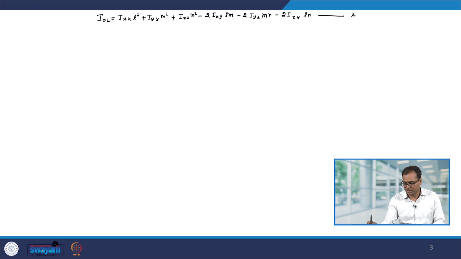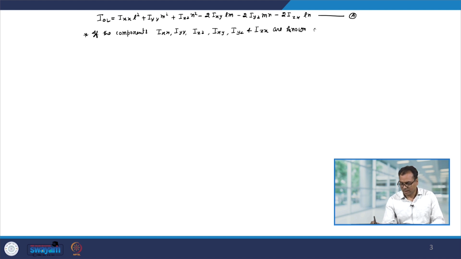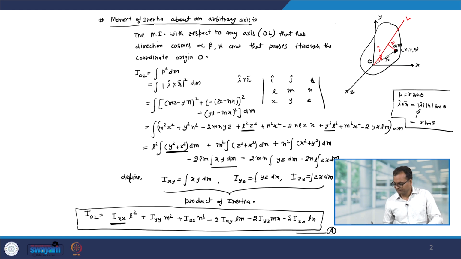I call this equation number A. So, this equation tells me, as I said, if the components Ixx, Iyy, Izz, Ixy, Iyz and Izx are known at a point, so that point is O here.